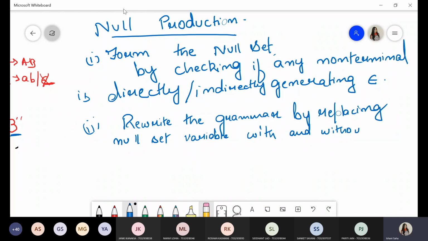With and without epsilon. Okay, so the very first thing is you have to form the null set, and the next thing is you have to replace all those non-terminals with epsilon and without epsilon. Let's take an example and make the two points that I have written more clear.